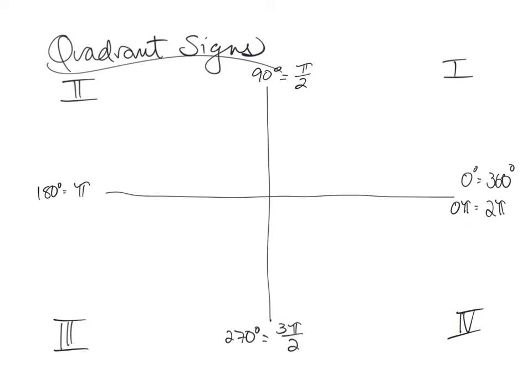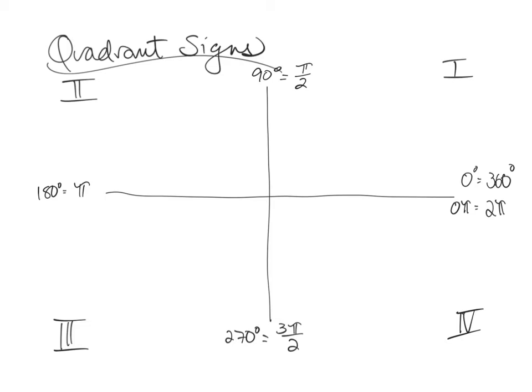So what I want to talk about here is that if you end up having a point that lands in the first quadrant, all values of all 6 trigonometric functions will be positive.